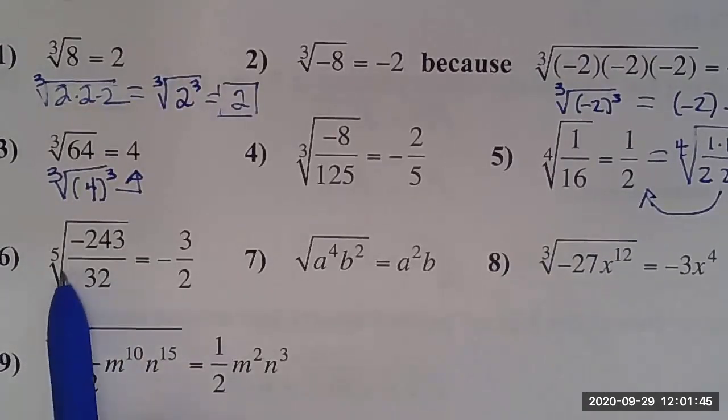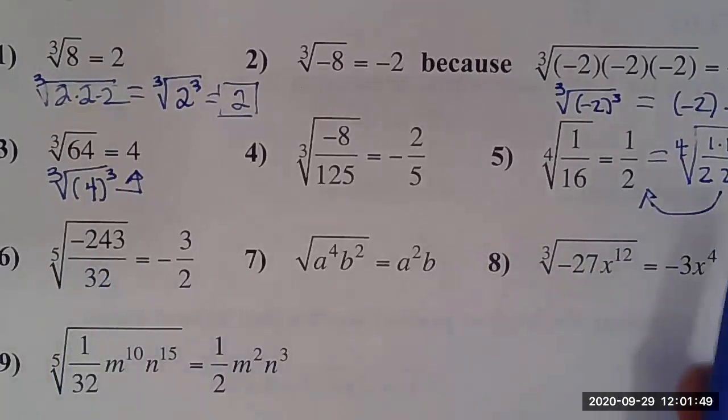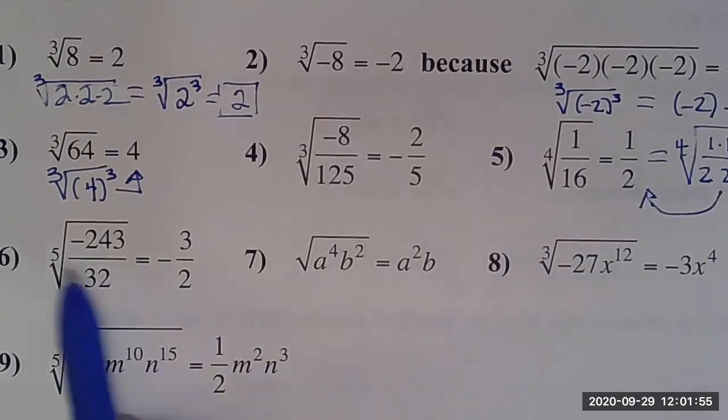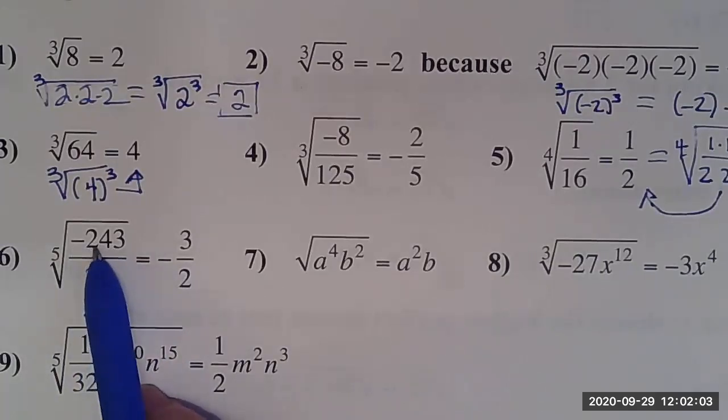The 5th root: remember the negatives are okay, just like here. The negative is okay as part of the radicand with odd indices. That's an odd number, and that's called an index. So you'll end up with a negative, and you just have to take your calculator, because I don't think I'd know that 243 is a perfect 5th power.